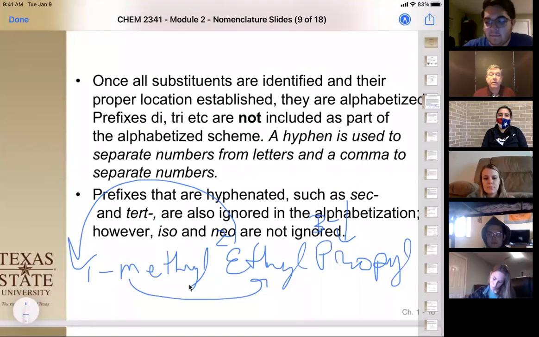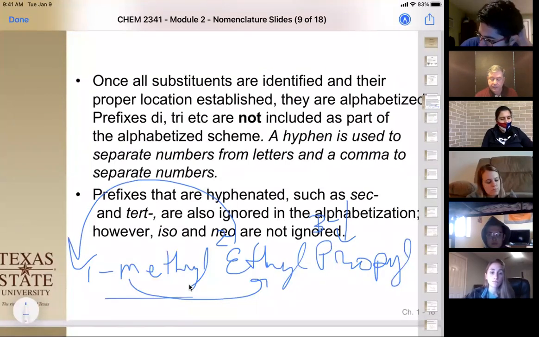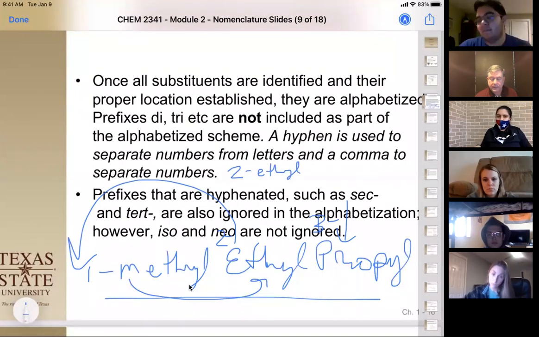Okay. Now note, a hyphen is used to separate the numbers from the letters, and a comma is used to separate numbers from numbers. So if I were to redo this in the correct order, I would have 2 ethyl dash 1 methyl dash 3 propyl.